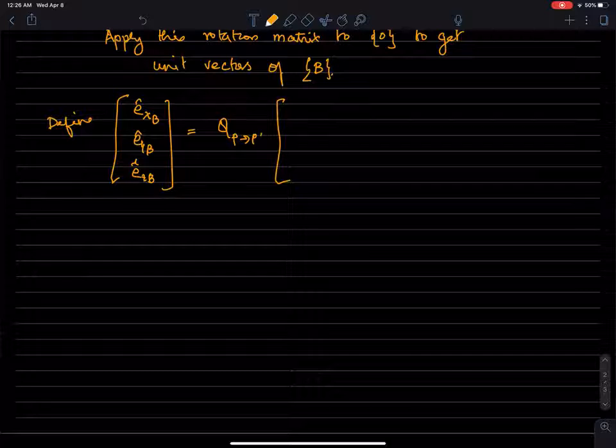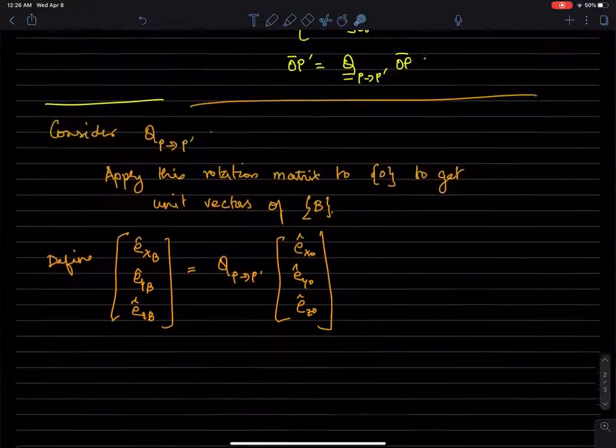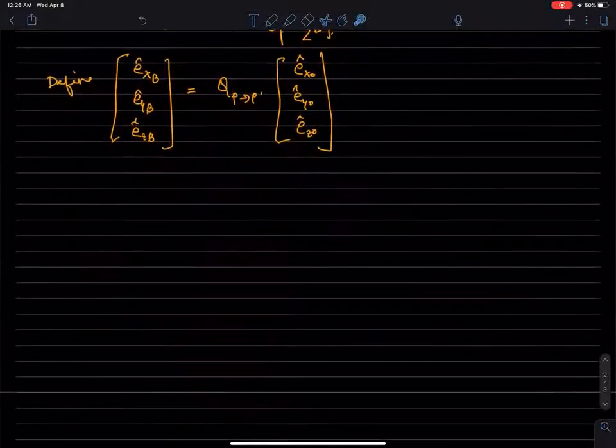So that's a 3 by 3 matrix, right? EX naught, EY naught, EZ naught. Okay, so we define these new axes based on some rotation matrix that we define here.